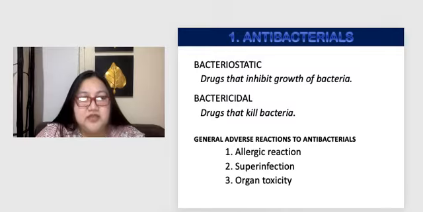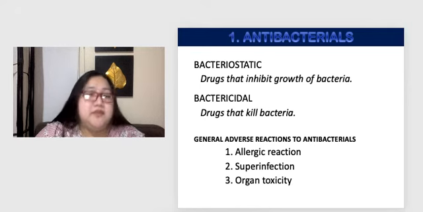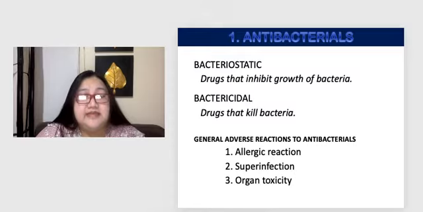So, meron sa GI tract, respiratory tract, urinary tract, genitourinary tract, even the skin. At mas common ito sa mga broad-spectrum antibiotics. At lalo na if you give the antibiotic less than a week. Kaya nga majority of antibiotics, you need to take it at least 7 days.